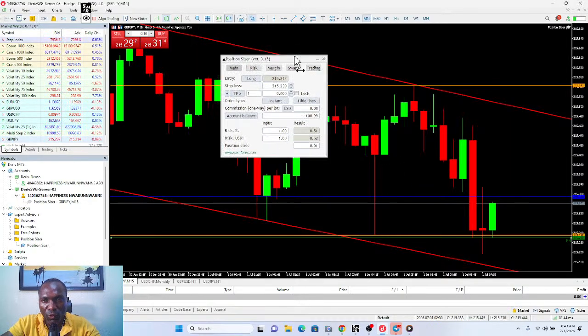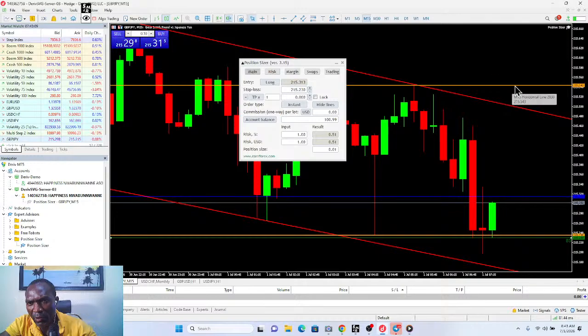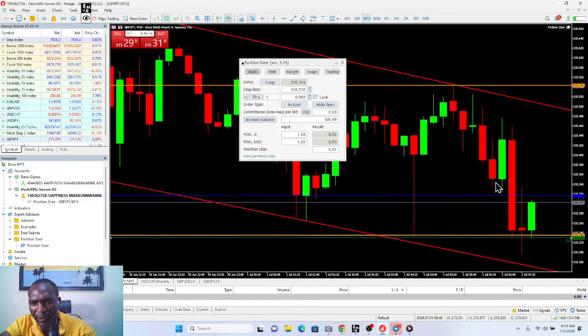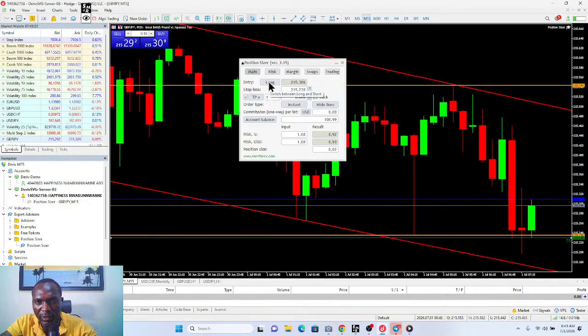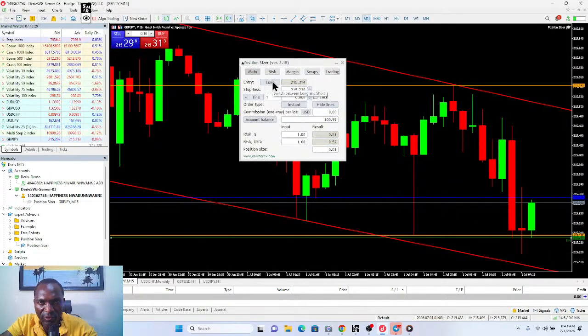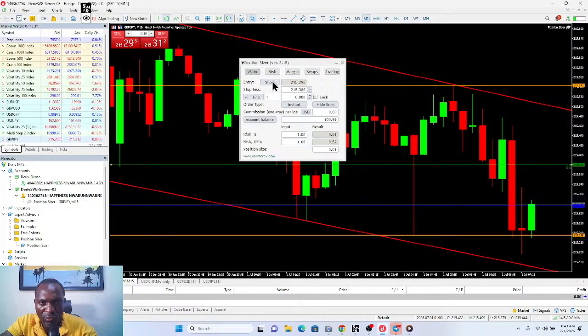Now we want to calculate. I want to put my trade around here, my entry. I'm not buying, I'm selling. If I'm selling, click on entry, let's change it. Switch. Good.